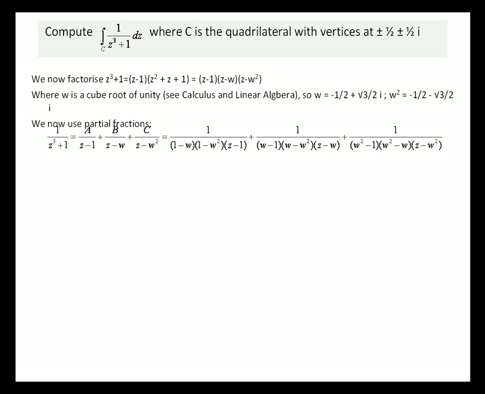So now we use partial fractions to split the 1 over z cubed plus 1 into 3 linear factors. The factors on the bottom are z minus 1, z minus w, and z minus w squared. And if you follow through to try and calculate what A, B and C are using level 1 material, which you should be familiar with, you get the expression on the right hand side.